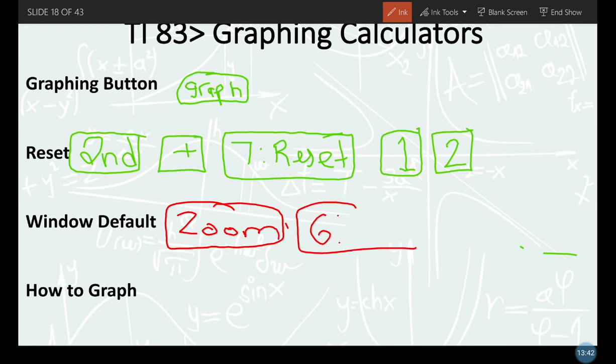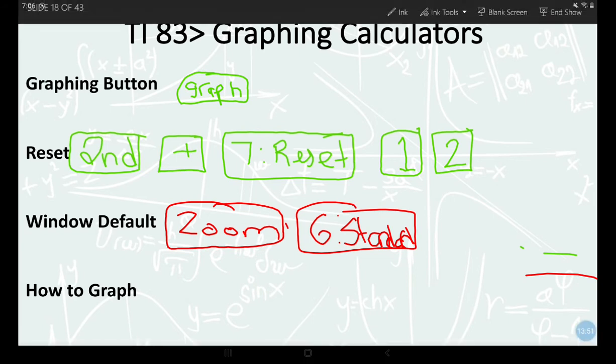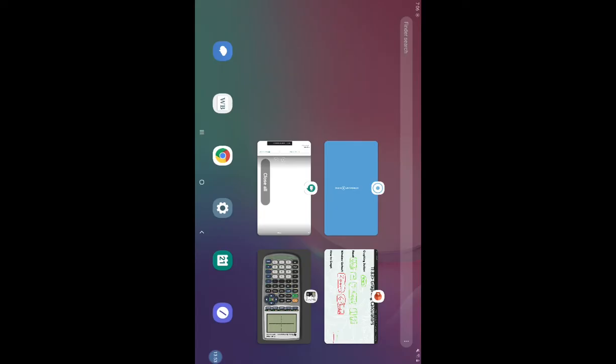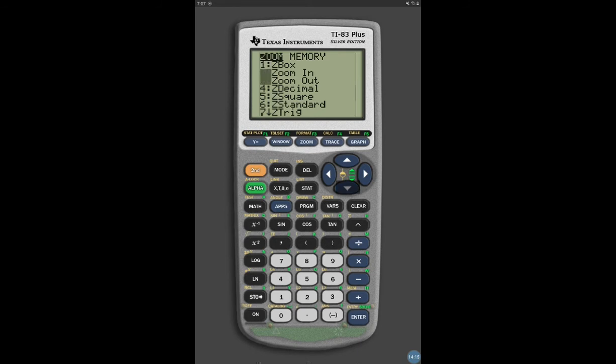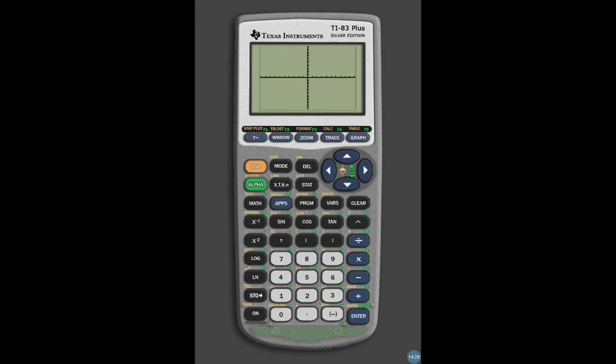So zoom standard is going to get you back to that 10 by 10 window that we're seeing right here. So if I end up with a weird axis and I just want to see the regular window again, I go to this zoom button, and that will get me back to my regular setting.